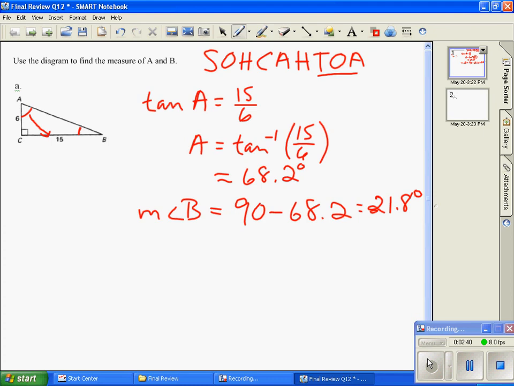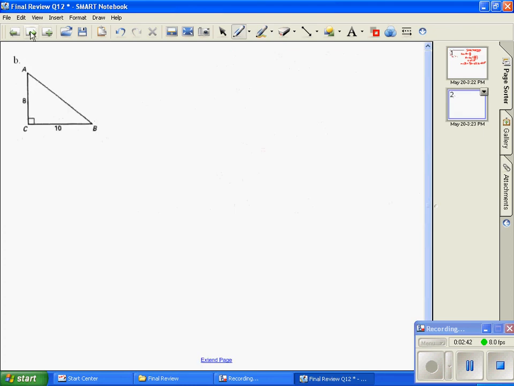So our next example, again, we're trying to find the two angles, A and B. So let's find B. Again, we have opposite and adjacent, so again we use tangent.